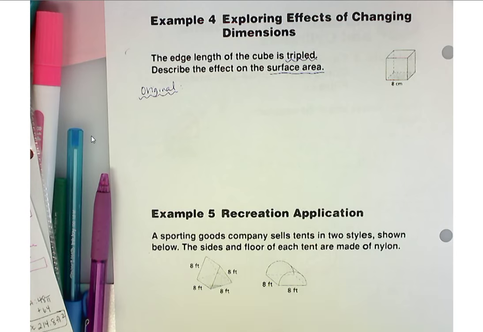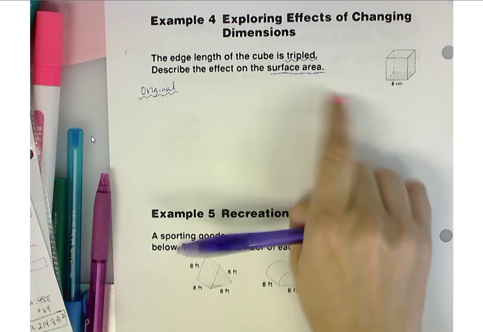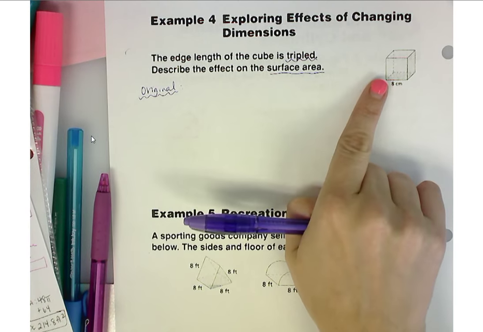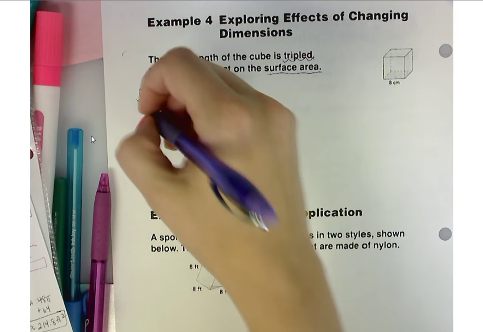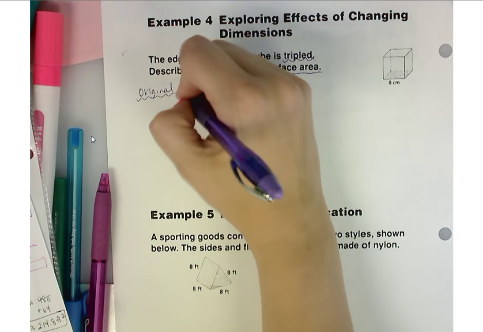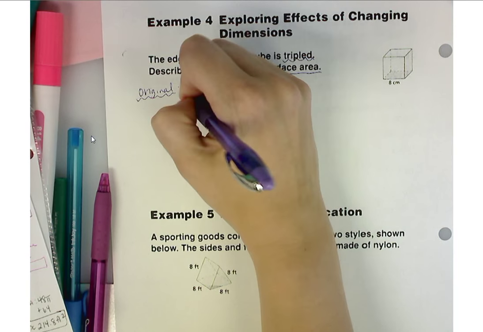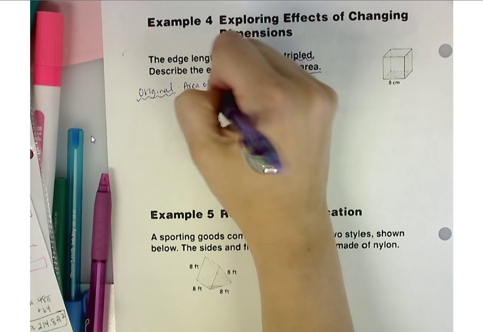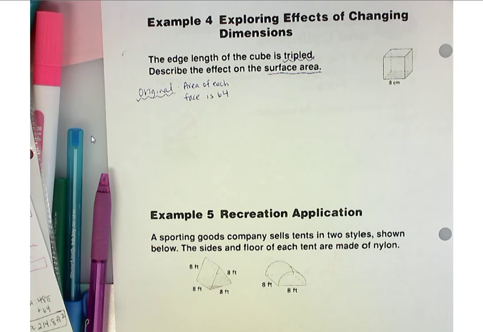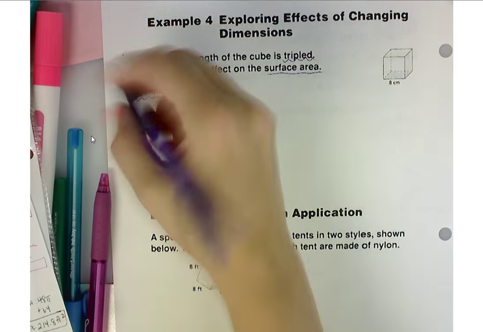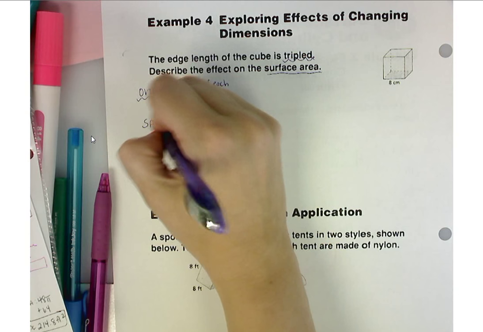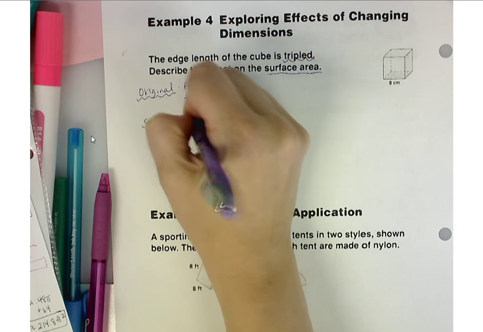What is the area of each face in the original? 64. So the area of each face is 64. When I'm finding the surface area for that, I can just multiply by the number of faces. So the surface area would be the number of faces times 64.